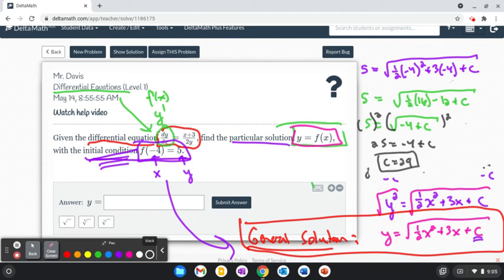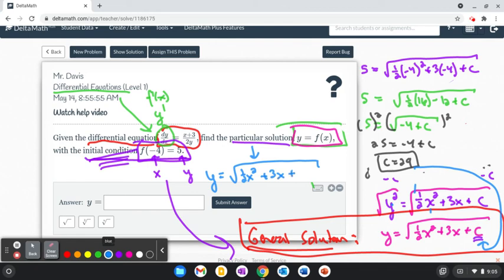Okay, so now the very last step is we're going to plug that in for c. Plug that 29 in. So our final particular solution will then be y equals the square root of 1/2 x squared plus 3x plus 29.